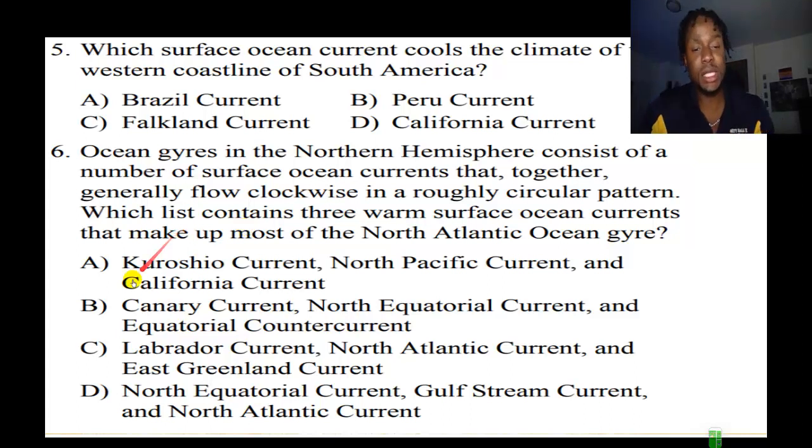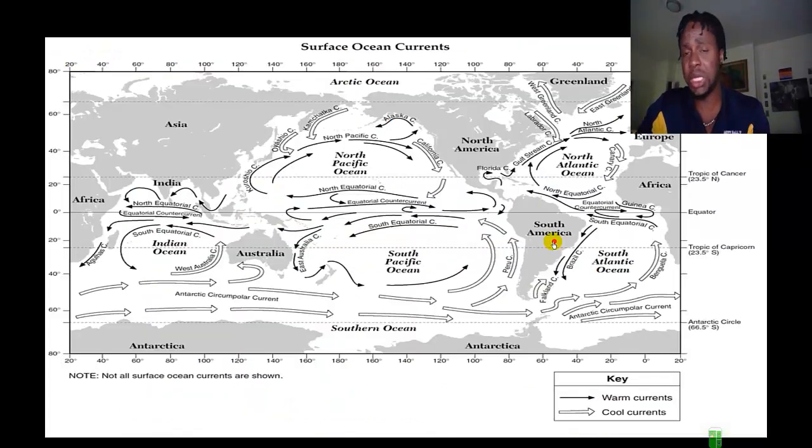Which list contains 3 warm surface ocean currents that make up most of the North Atlantic gyre? All right, the gyre is just another word for current, for something that goes in a circle. So we are looking for 3 warm surface ocean currents around the North Atlantic gyre. That should be easy. So we're looking at the North Atlantic Ocean.